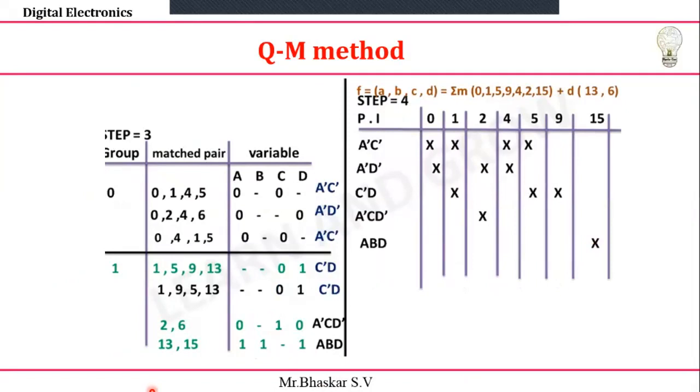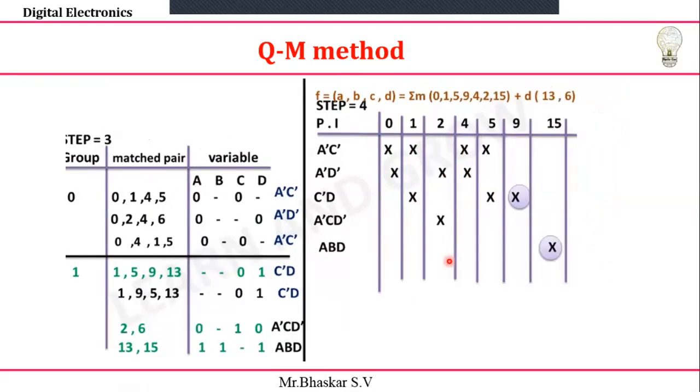So in the implication table method, let's see that. First we need to make a circle for the single crosses. You can see here you have 2 crosses, and here also 2 crosses, 2 crosses, 2 crosses, but 9 and 15 we have a single cross. First you mark them.